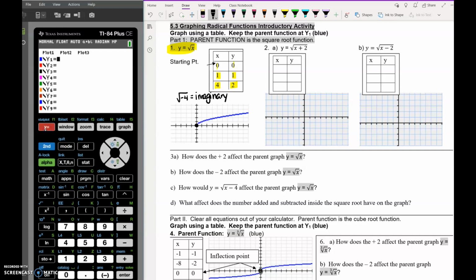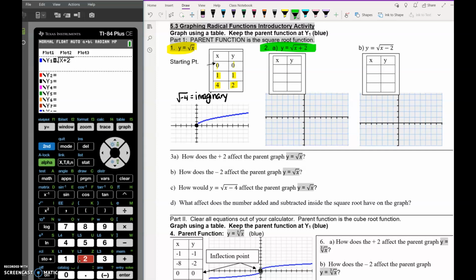In the calculator, if you have a graphing calculator and you want to play along, we are going to graph y equals the square root of x plus 2. So I'm going to do second and then the square button to get my square root of x plus 2. And notice that I put the plus 2 underneath the radical.